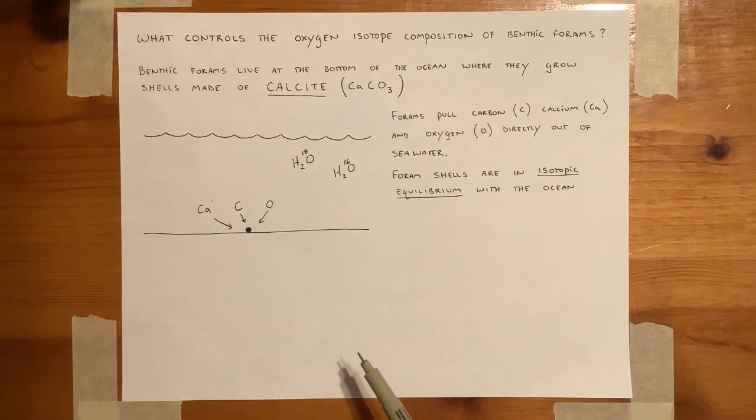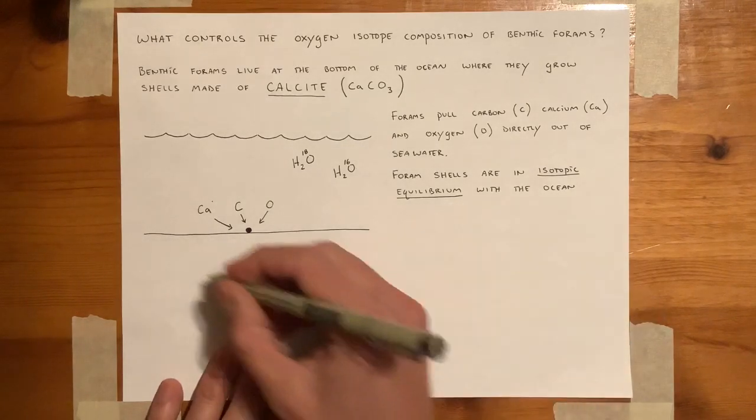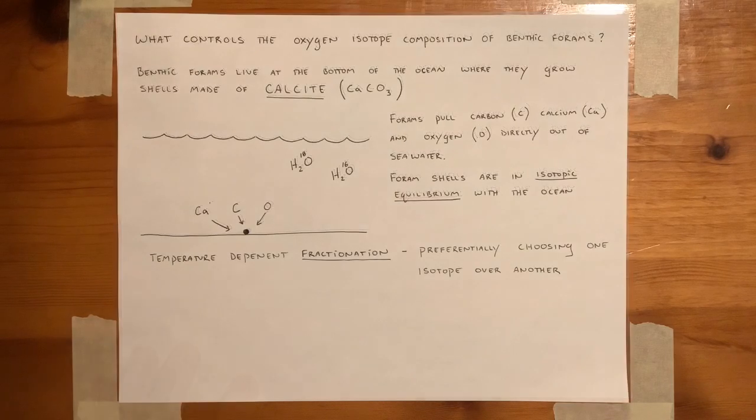And the first one of those is a temperature-dependent fractionation of isotopes. Okay, what does that mean? So temperature-dependent fractionation, this word fractionation means where a process preferentially chooses one isotope over another. And temperature-dependent tells us that what's going to determine whether we choose one isotope over another is temperature, right?